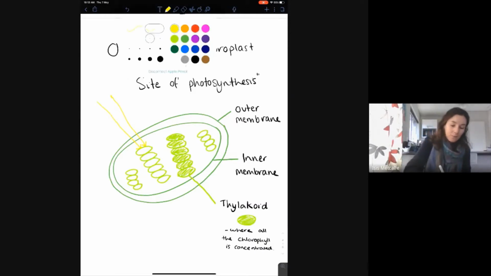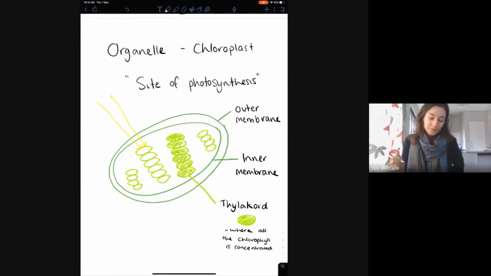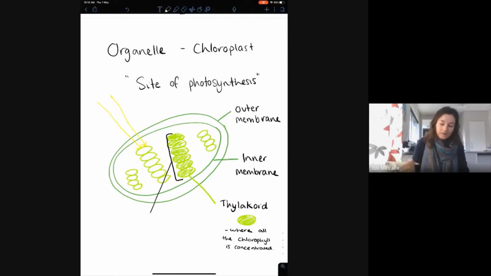One more term I'm going to teach you is a stack of these thylakoids. A whole stack of them is called a granum, which is just a stack of thylakoids.